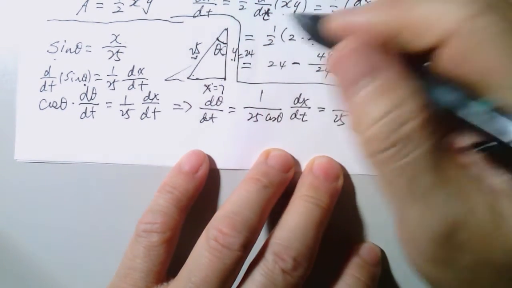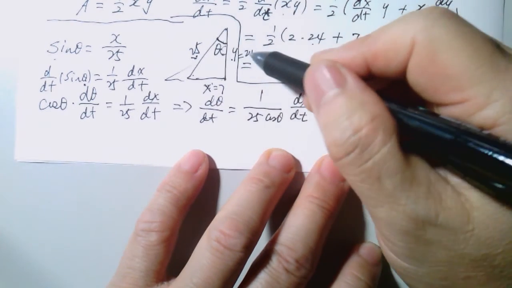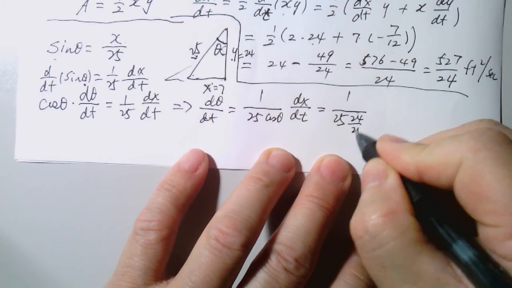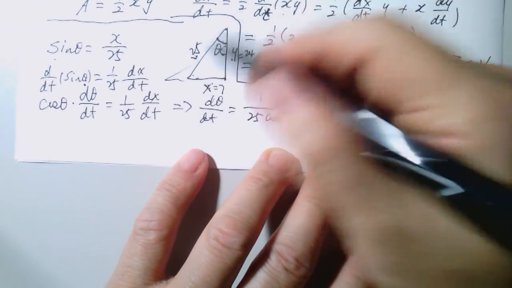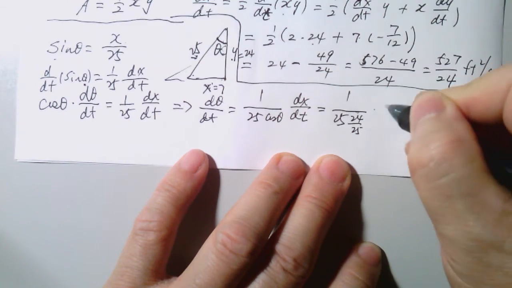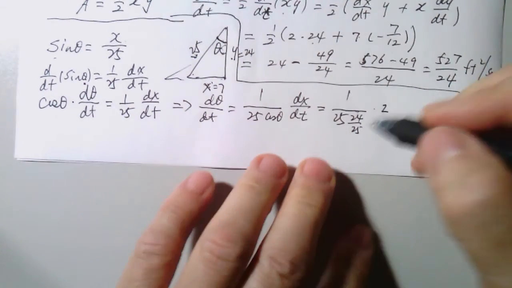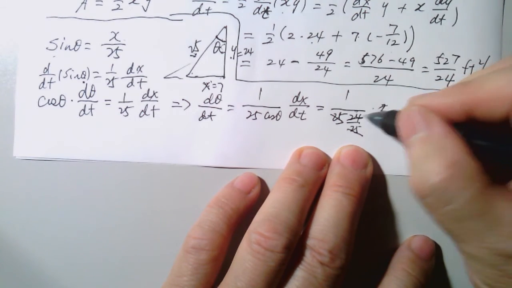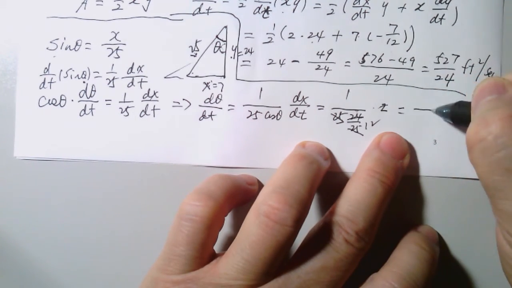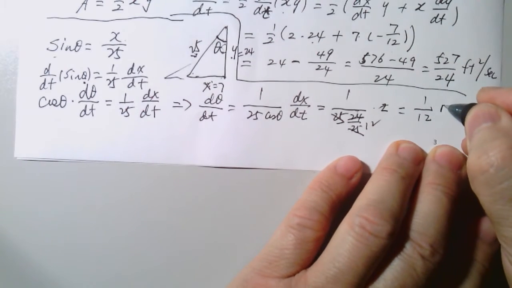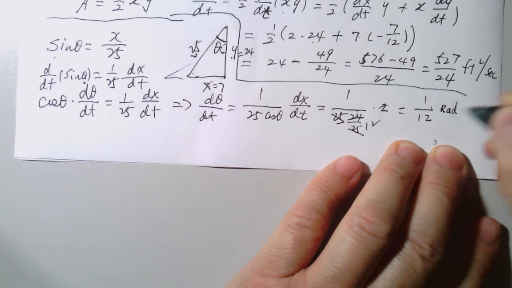So cosine theta is 24 divided by 25, adjacent divided by hypotenuse. dx dt is 2. So I got 25 reduced, 24 and 2 reduced by 2, that's 12. So equal to 1/12. Remember, this is radians per second.